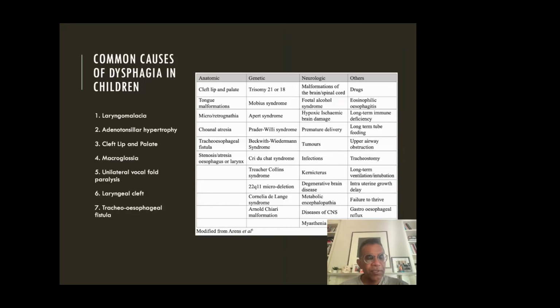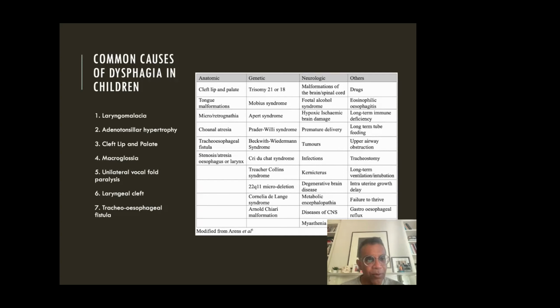Common causes of dysphagia in children include laryngomalacia in neonates, adenotonsillar hypertrophy in older children, cleft lip and palate, macroglossia, especially in syndromic children with Down syndrome, Beckwith-Wiedemann, etc. Unilateral vocal fold paralysis, which we normally see as an iatrogenic problem following cardiac or esophageal surgery, a laryngeal cleft, or tracheoesophageal fistula.